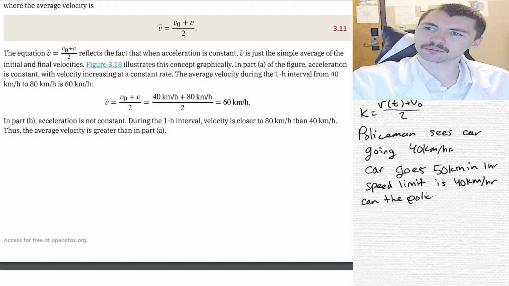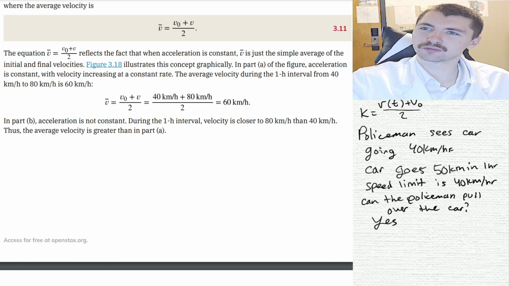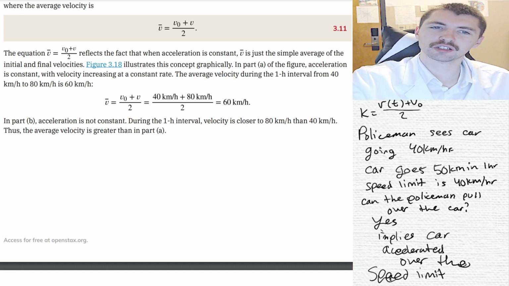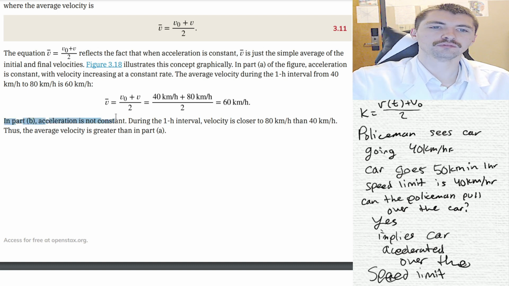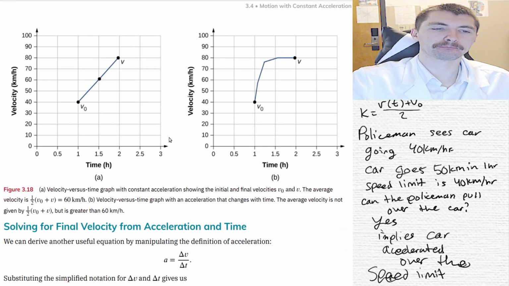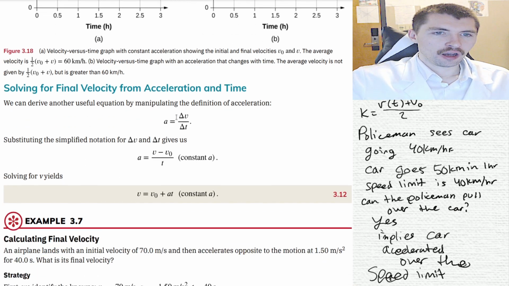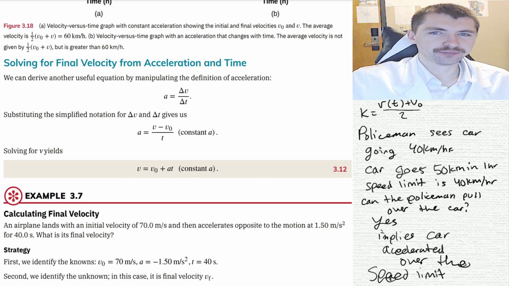Can the policeman pull over the car? So the answer is yes, because this implies the car accelerated over the speed limit, because you can't go faster than that. All right.